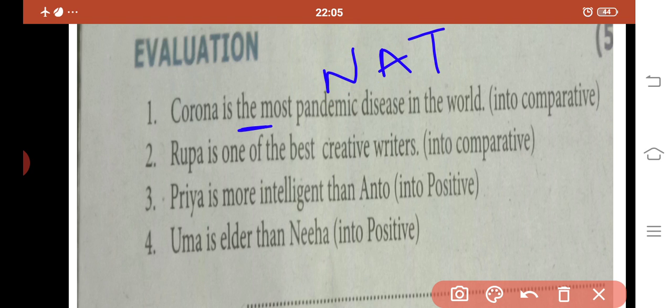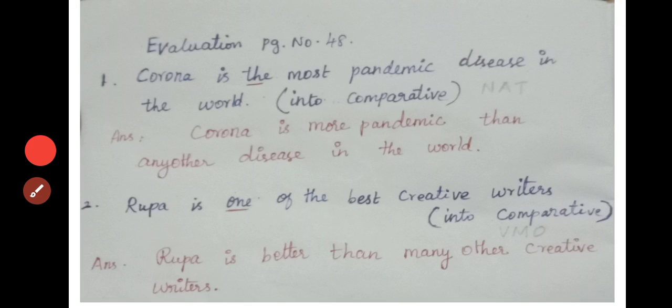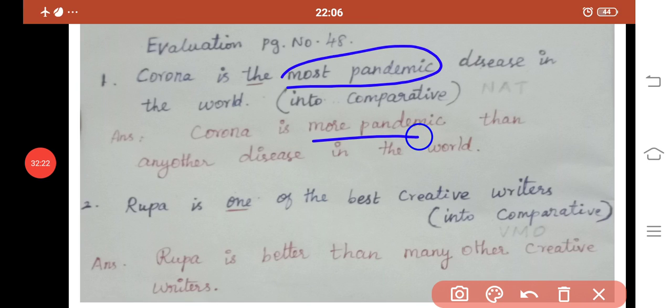So when we change it into comparative form, we have to add the words any other. Here write the answer. Corona is more pandemic than any other disease in the world. Most pandemic became more pandemic. We put than, then this is the NAT form, no. So we are putting the words any other disease in the world.